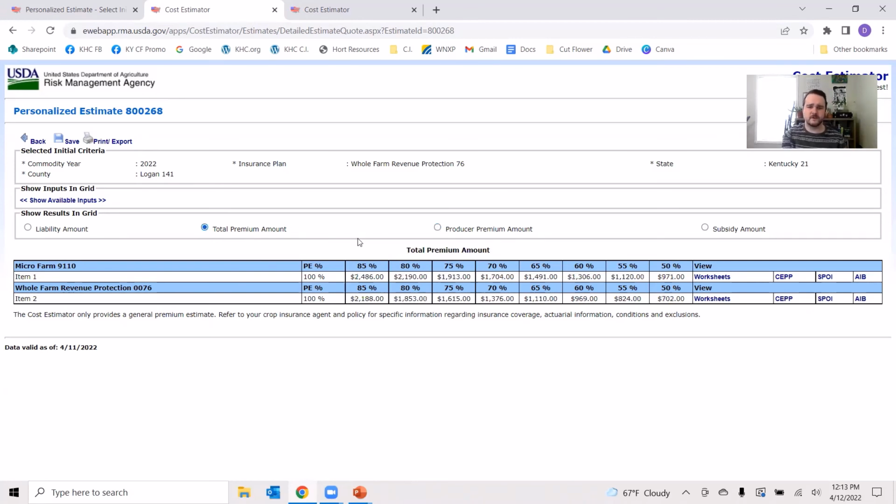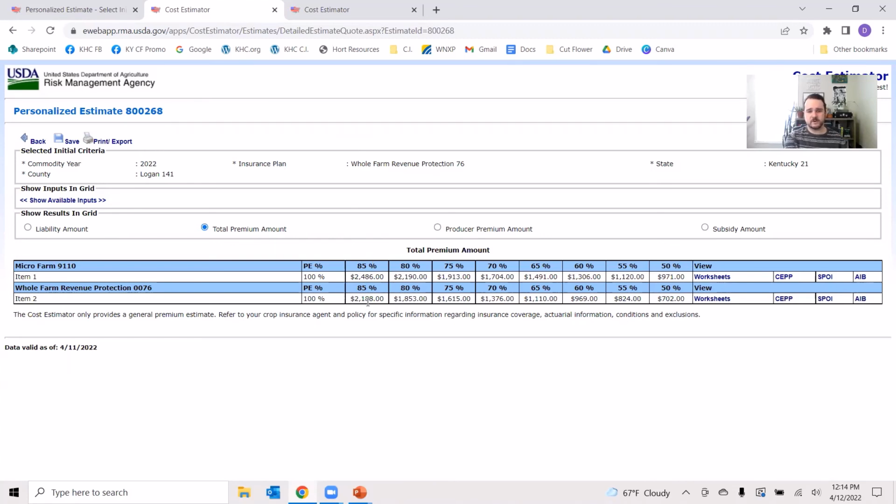And another thing to note, I wanted to compare the premiums with the whole farm and the MPCI for peaches. So remember, the MPCI is just covering peaches, but this whole farm is covering peaches, pumpkins, and strawberries. And out of those, peaches had the least amount of revenue of the three commodities for this farm.